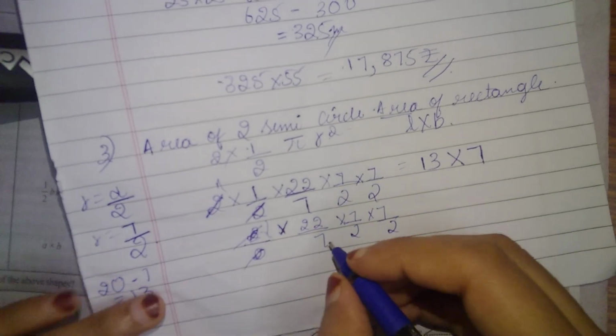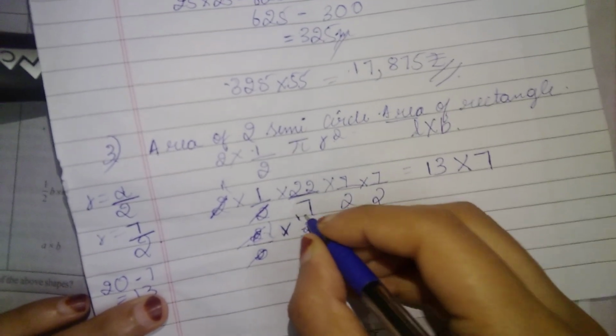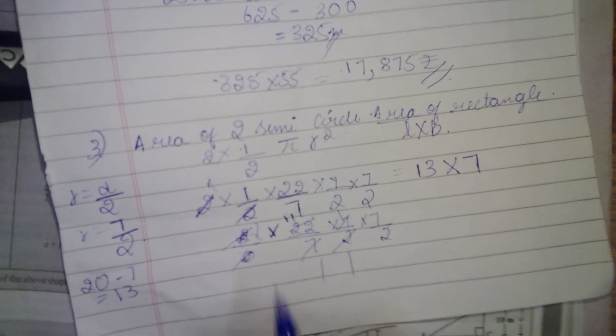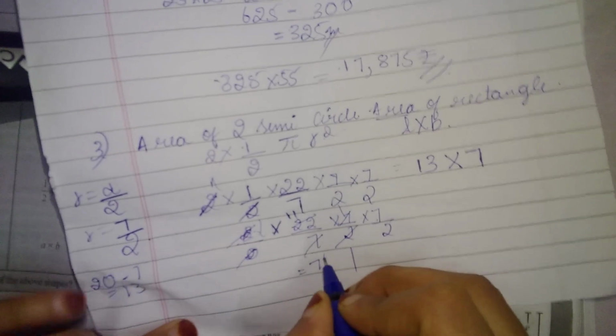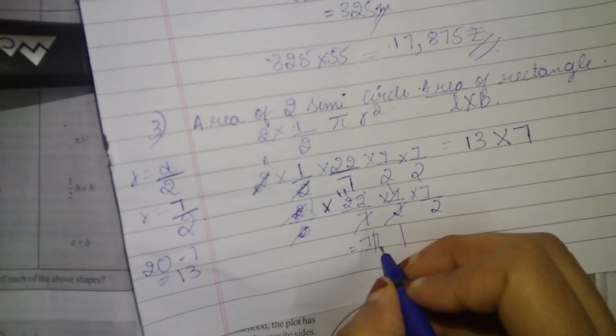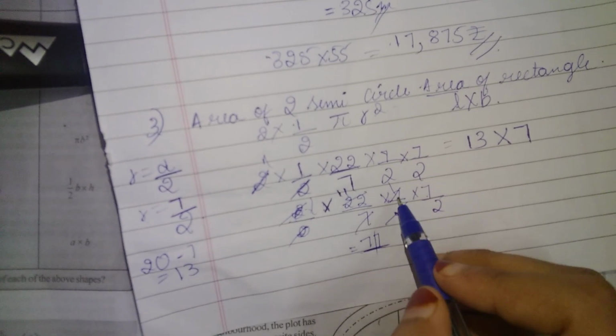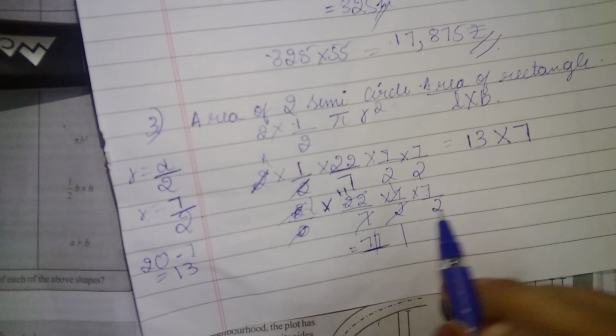We'll cancel out, no? 7 ones are 7, 7 ones are 7. 2 ones are 2, 2 11s are 22. So what is left here? 11 into 7 is 77. 11 is left here and 7 is left. 11 7s are 77.